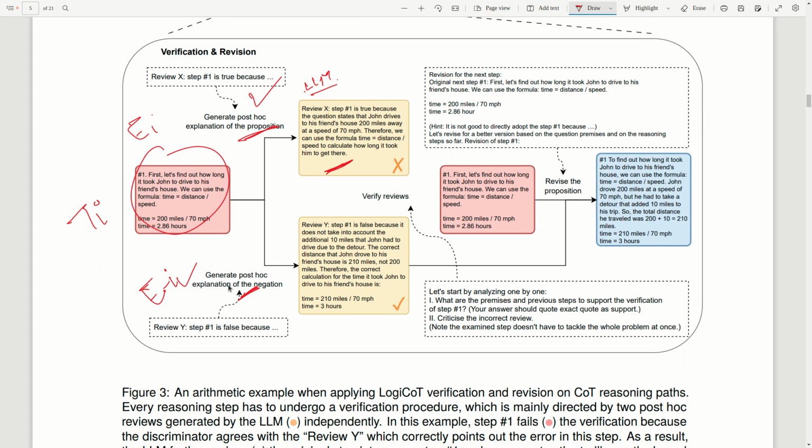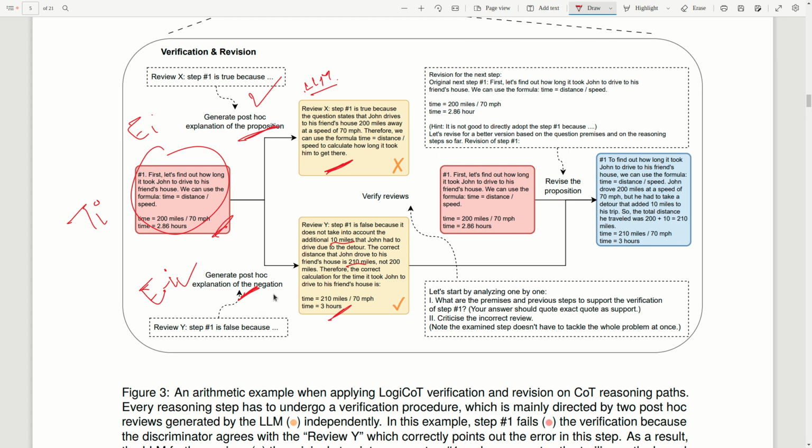While the post hoc explanation of the negation says step 1 is false, because it doesn't take into account the additional 10 miles that John had to drive due to the detour. So the correct distance that John drove to his friend's house is 210 miles, not 200 miles. Therefore, the correct calculation for the time is 210 upon 70, that is 3 hours.